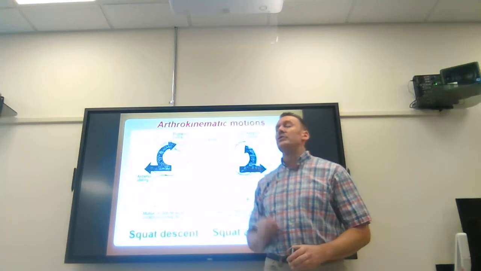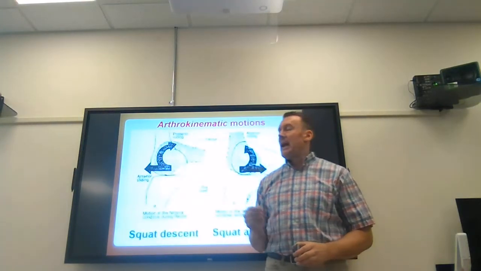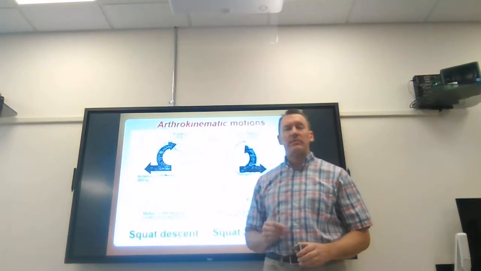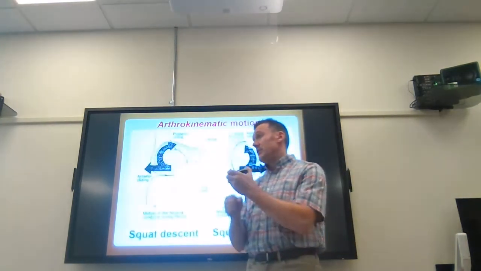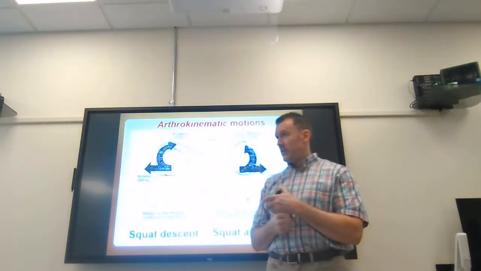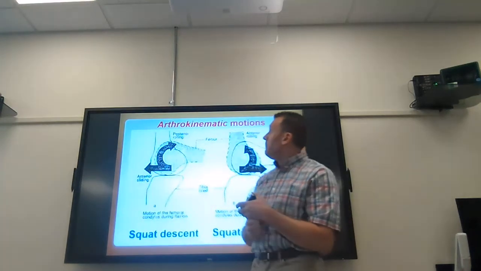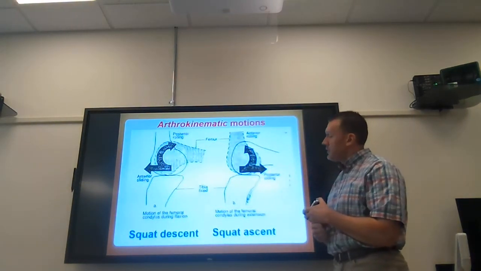The anterior cruciate ligament, the posterior cruciate ligament, the medial and lateral collateral ligaments. We also have to consider that there's a little bit of rotation between the femur and tibia. But roll and slide are the primary arthrokinematic motions.